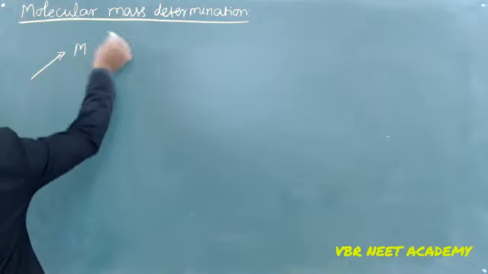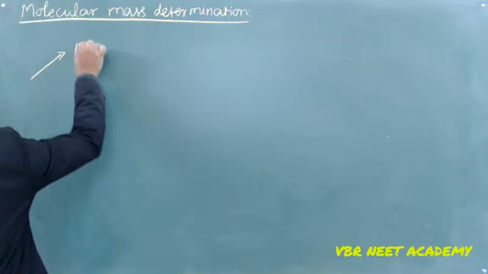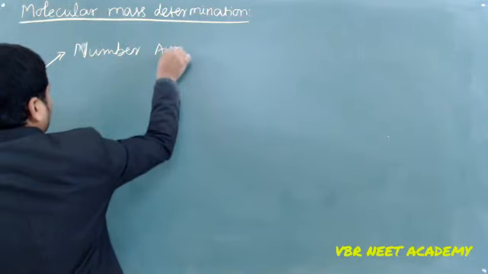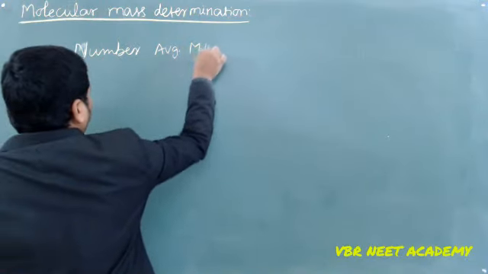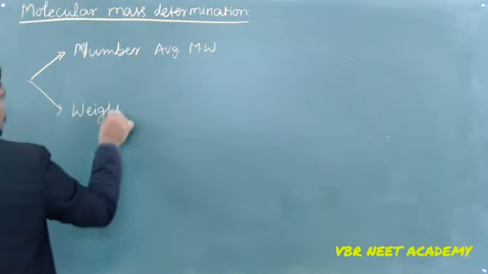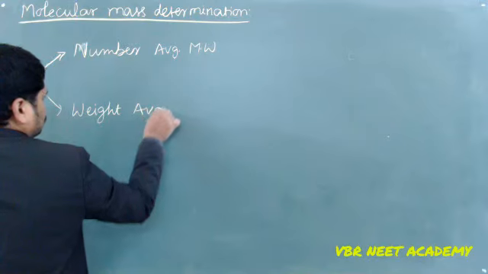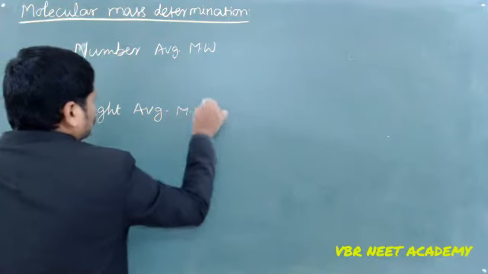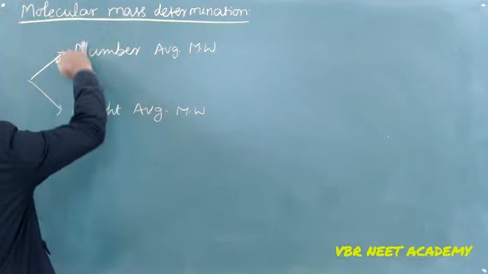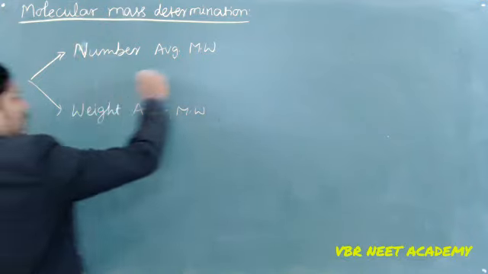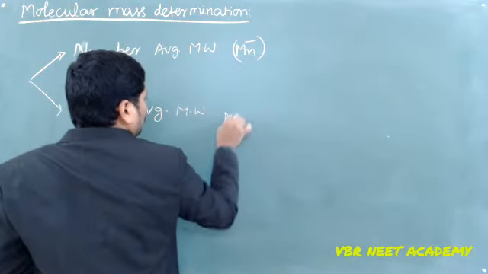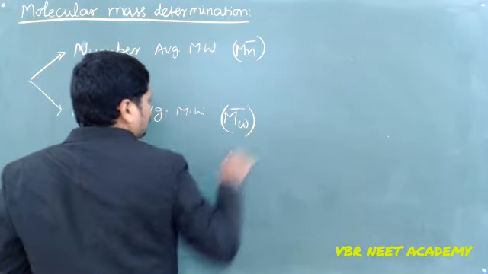That is the number average molecular weight, or you can take the weight average molecular weight. The number average molecular weight is represented with Mn bar, and the weight average is represented with Mw bar.